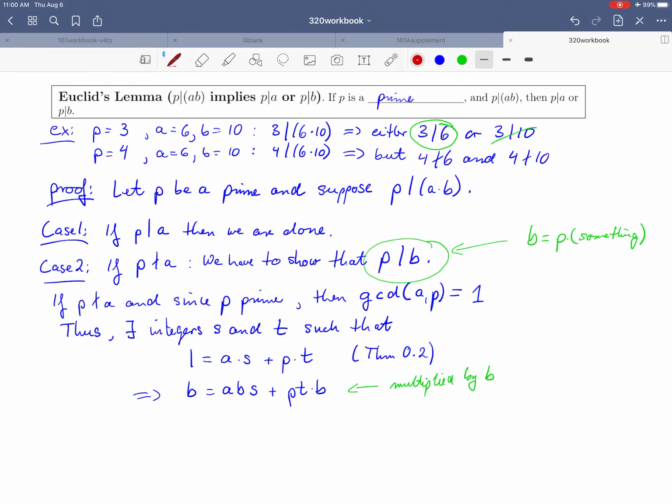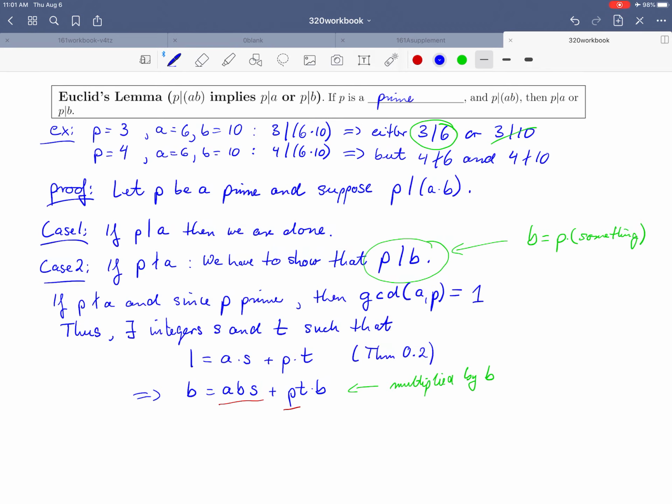So if we could make an argument that p also divides that first piece right here, then we are in good shape, because then we can factor out a p, and we have demonstrated that b is p times something, and so that p divides b. What's our argument that p must divide that first part in our sum? You can think about that a little bit.